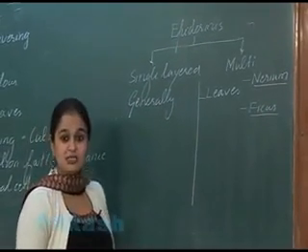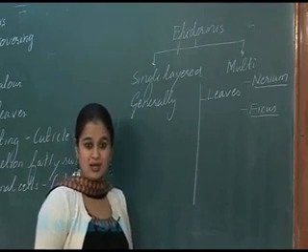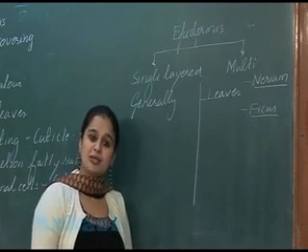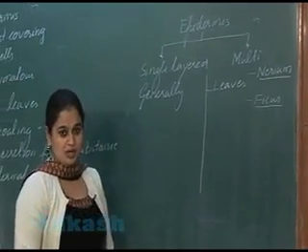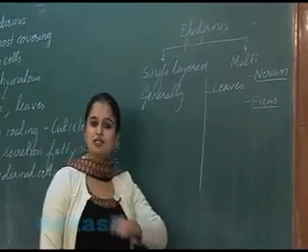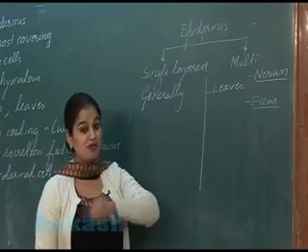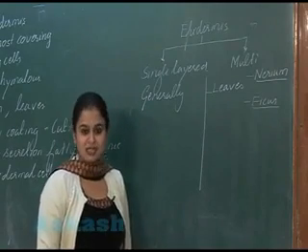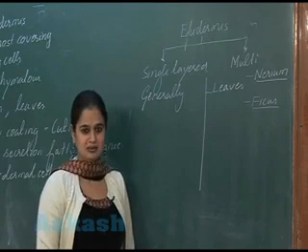Nerium and Ficus are both xerophytic plants, so they are surviving in water stress conditions. The major water loss occurs through the leaves, so to prevent the water loss from the leaves, the epidermis is multi-layered.